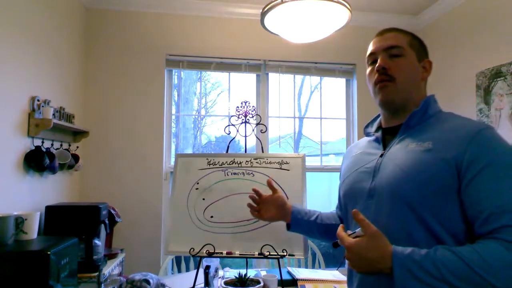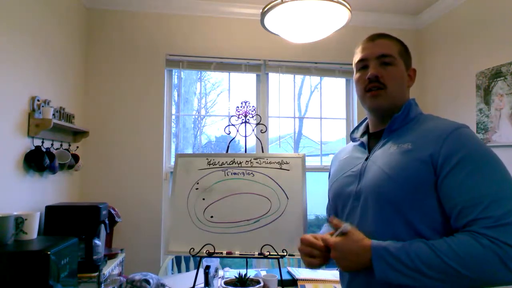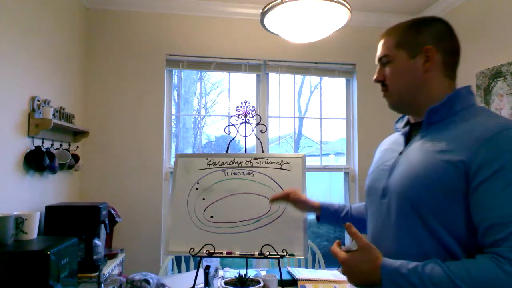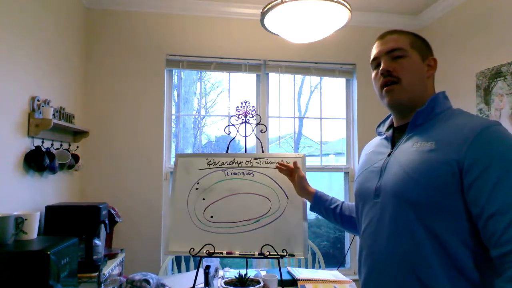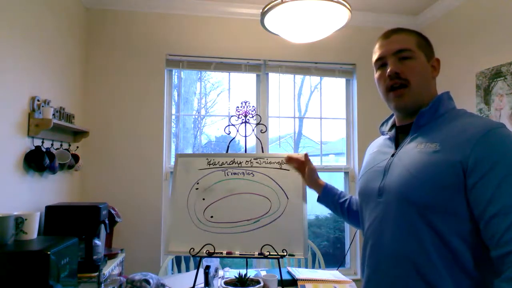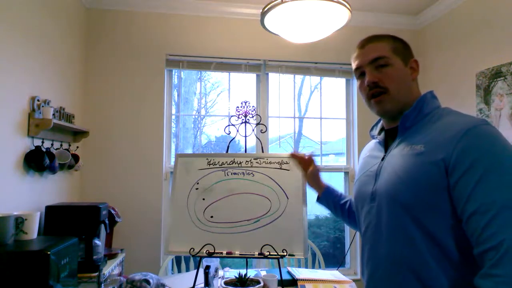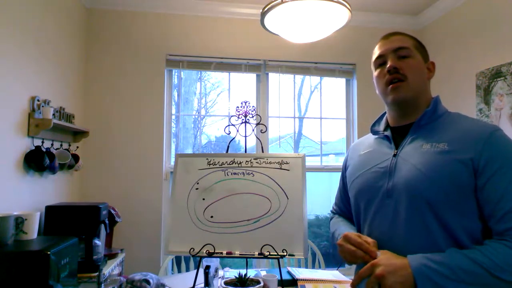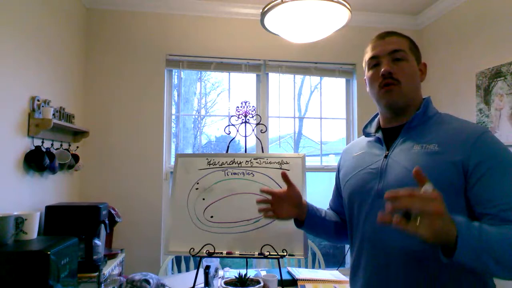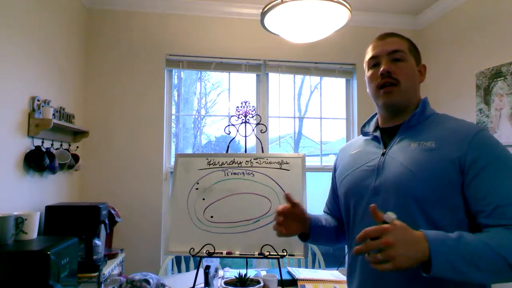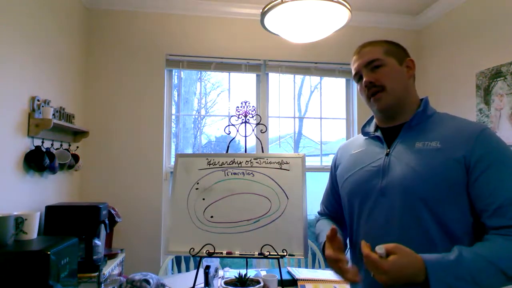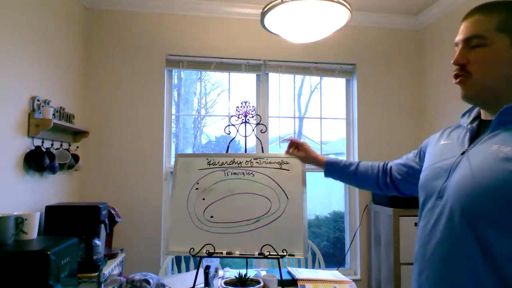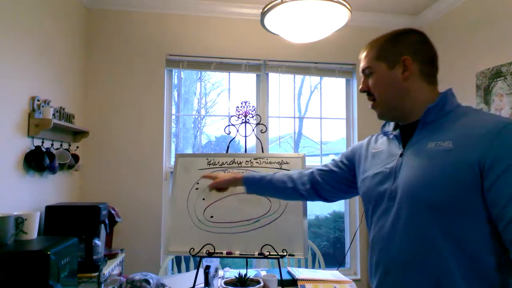So let's look at what a hierarchy could look like. We can put all triangles into an organization that we can understand through rank or traits. So we have triangles, and it's the big purple circle.